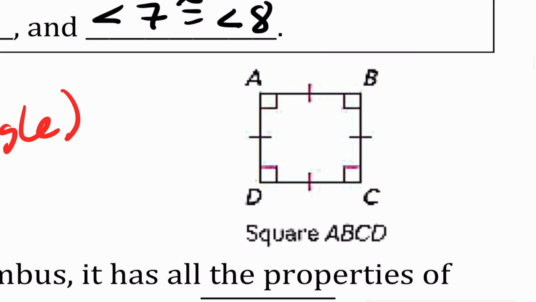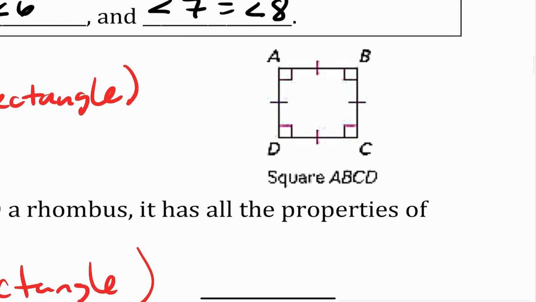So when you have a square, don't forget the opposite sides are parallel, the opposite sides are congruent, the opposite angles are congruent, but since it is a rectangle, all of the angles are right. And then the consecutive angles are supplementary. Now, the diagonals are going to bisect each other at a midpoint, and it's going to split, let's say, DB into two congruent parts.